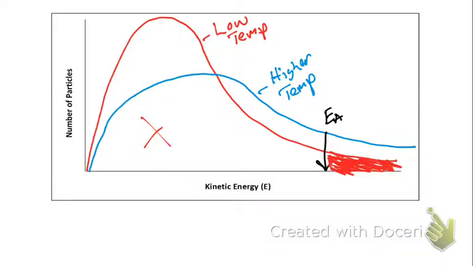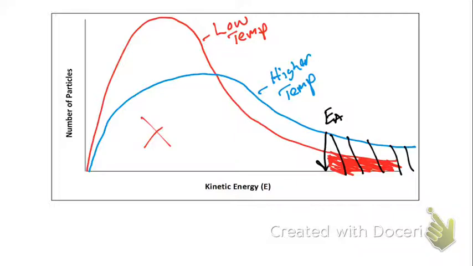All right, but what happens at a higher temperature? Well, at a higher temperature, there's going to be a higher fraction of molecules with kinetic energy that's greater than the activation barrier in order to chemically react.